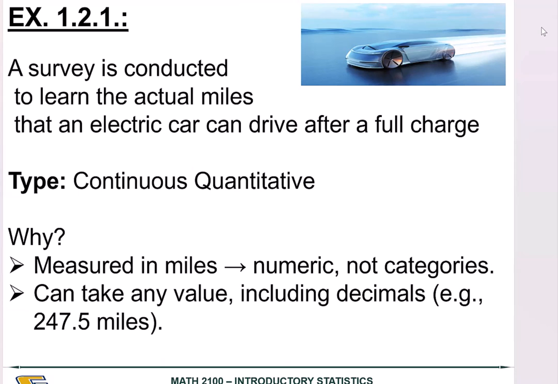And why? Because the measure in miles is a numeric value. It's not a category. So for sure, it must be quantitative, right? It does represent counts, right? 5 miles, 6 miles, 300 miles, 300.1 miles. And it can take any value, including decimals. If you have a very accurate way to measure how long the car can drive, it may happen that the car will stop at 247.5 miles, at 247.6 miles.